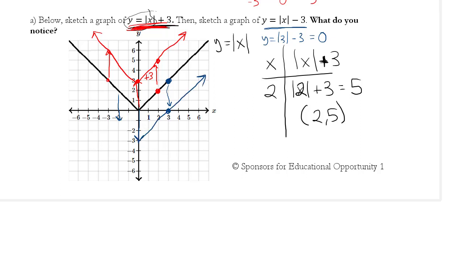Roughly this is what this one's going to look like. This one is y equals absolute value of x minus 3, and this one is our y equals absolute value of x plus 3. So here we have seen some different ways to do vertical shifting of a function. All right, let's keep going.